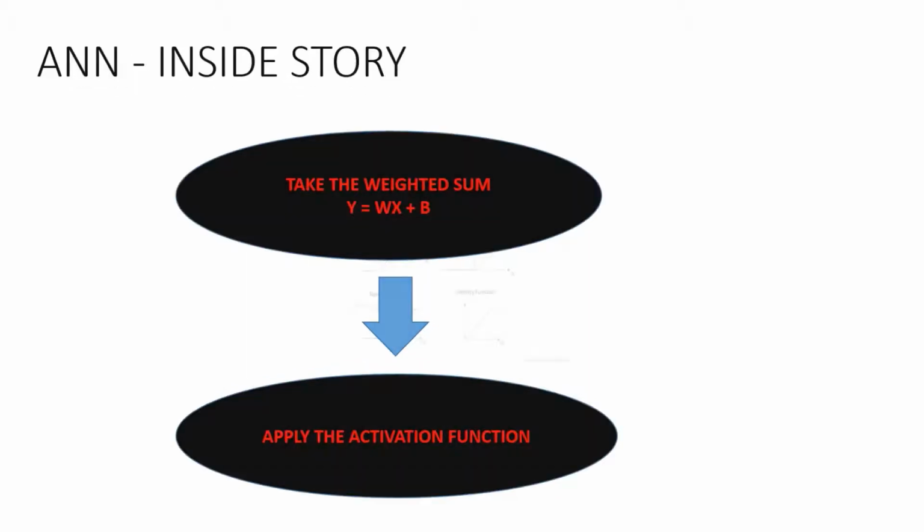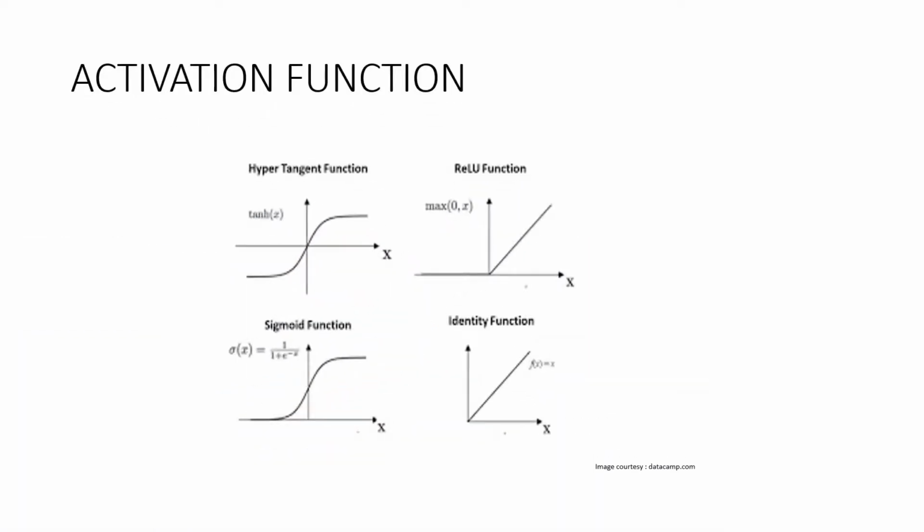So what is an activation function? An activation function is a very important feature of an artificial neural network. They basically decide whether the neuron should be activated or not. In artificial neural networks, the activation function defines the output of that node given an input or set of inputs.